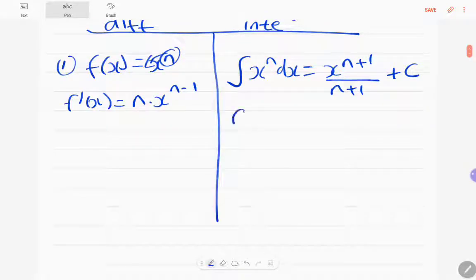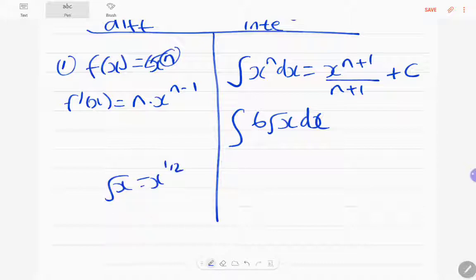Now let's say they say find the integral of 6 root of x dx. You know that a root can be represented as x to the power 1 over 2. So this will be the integral of 6 x to the power 1 over 2 dx.